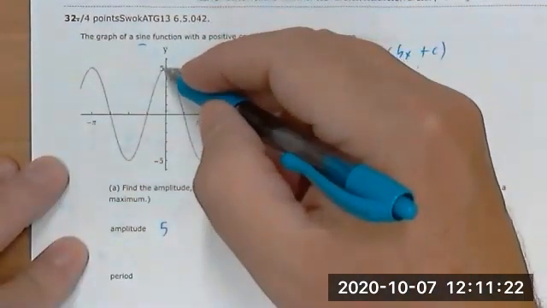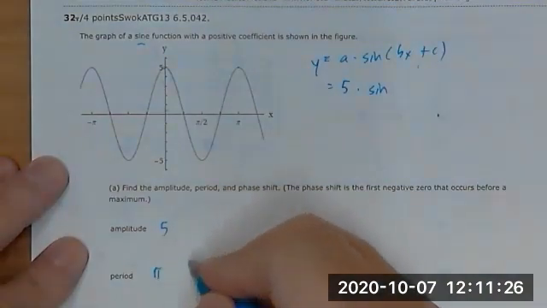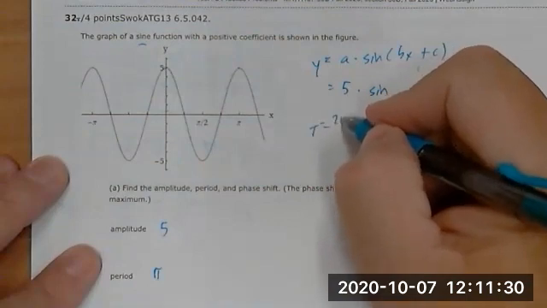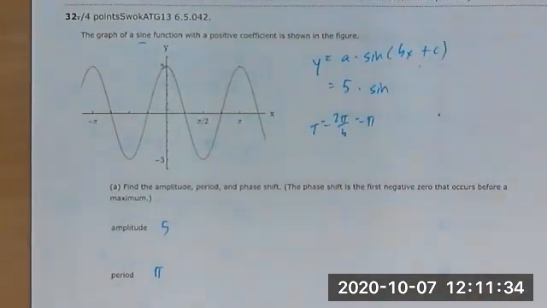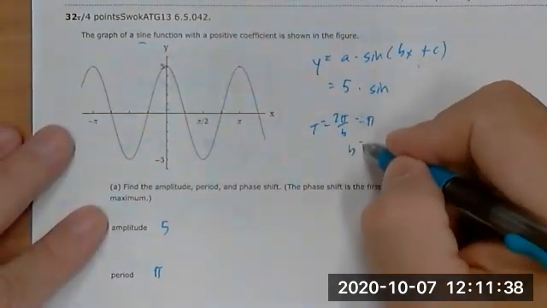Period from here to here is pi. Looks like B, I believe, is going to be 2.